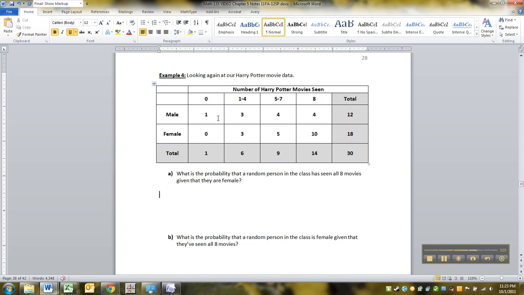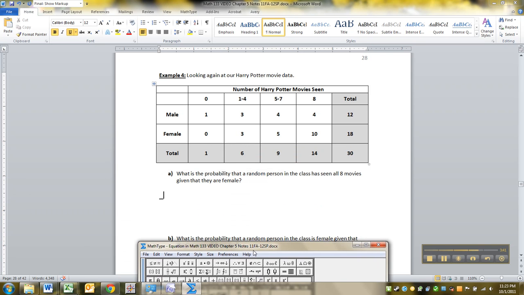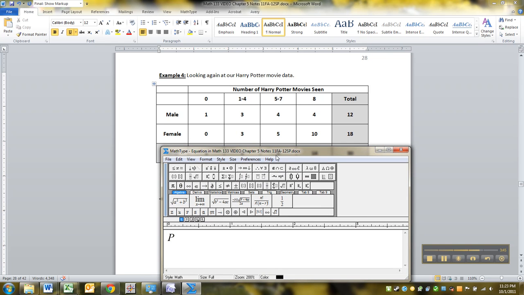This is the data from before, and I want to know the probability that a random person in the class has seen all 8 movies given that they're female. So, probability seen all 8 given that they're female.